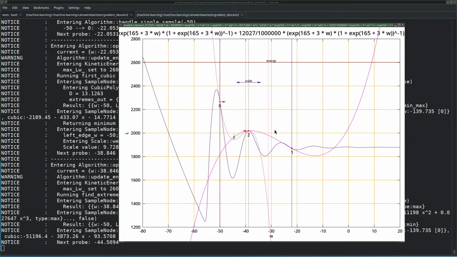So in this case, that would be half the distance from here to there, or from here to there.